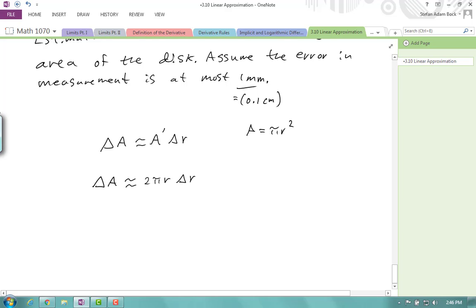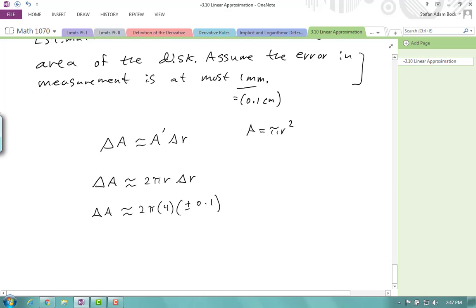And what I use for these error problems is the assumed or the target value to plug in. So I have delta A is approximately equal to 2 pi times 4 multiplied by a plus or a minus 0.1 centimeter.